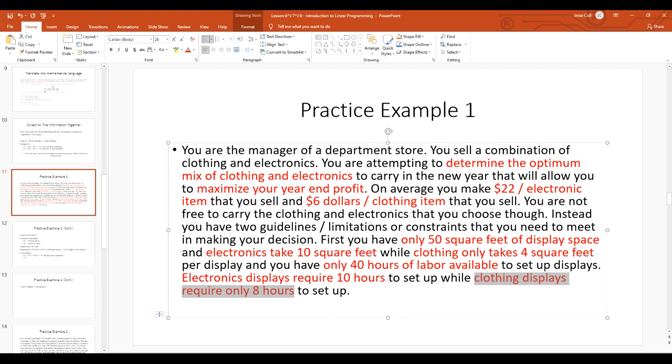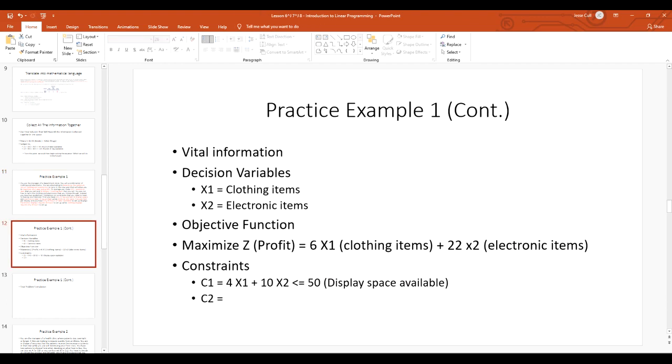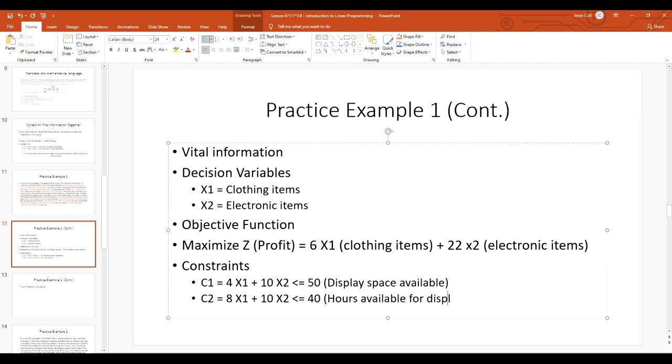We have 40 hours of labor available, 10 hours for electronics, 8 hours for clothing. So one more time, we have to write this in equation format. 8x1 plus 10x2 less than or equal to 40, which is hours available for display setup.